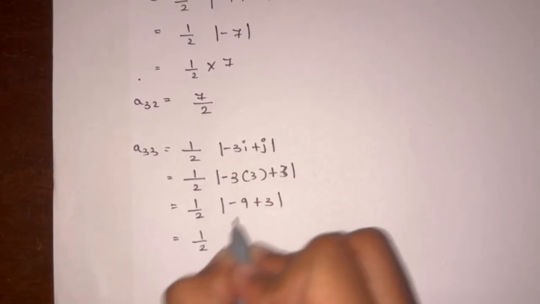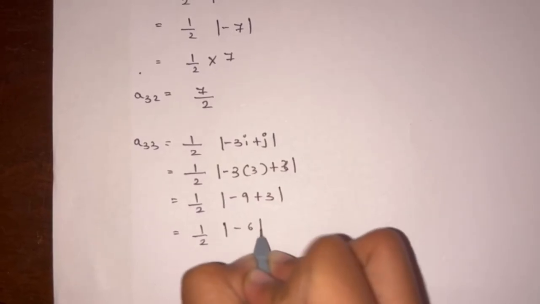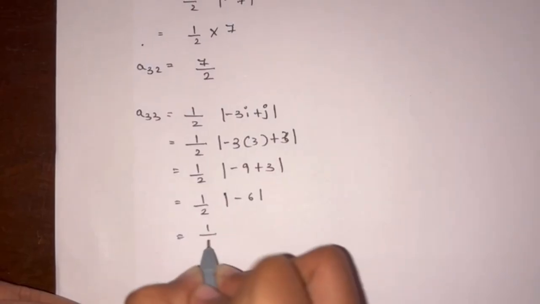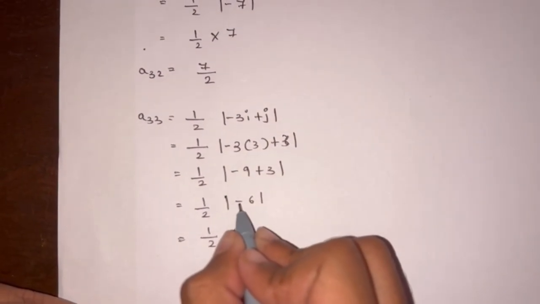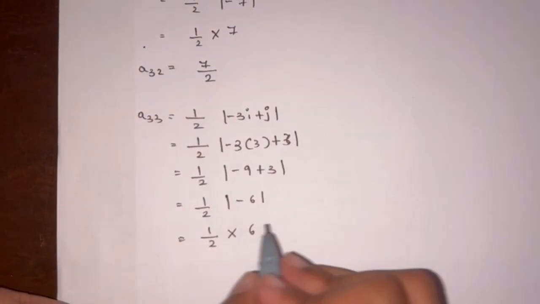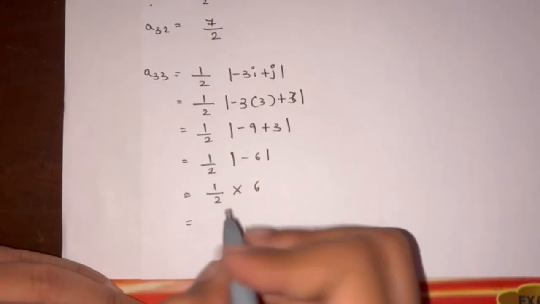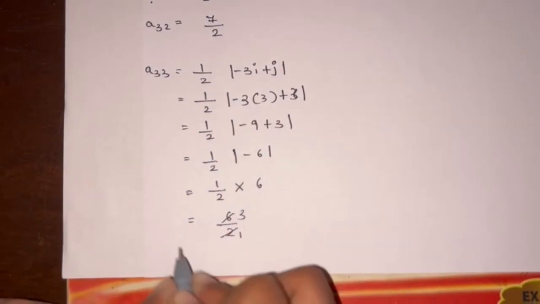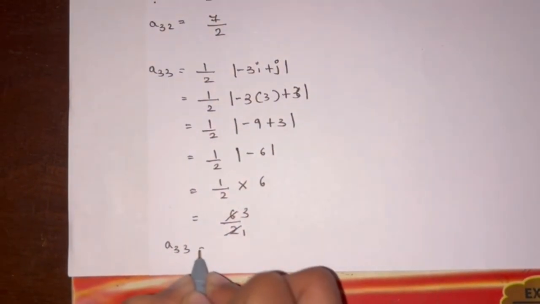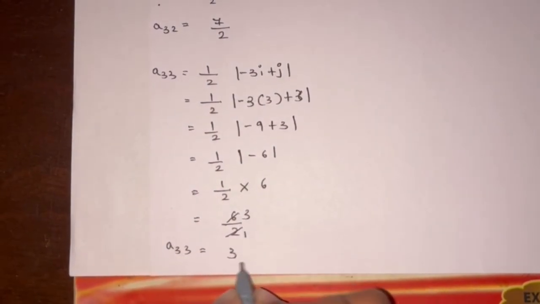Substituting this, we get minus 6. So removing the mod, 1 by 2 into 6. Removing the mod is nothing but changing the minus sign to plus. So we get 6. Then solving this, we get 6 by 2. 2 1s are 2, 2 3s are 6. So the value of A33 is nothing but 3.